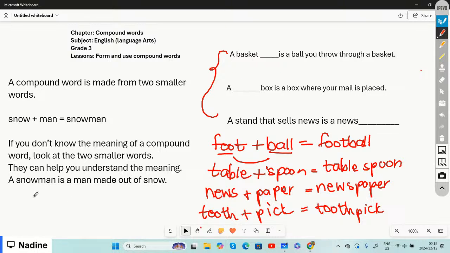Yes, we also have table plus stop. And table plus stop is tabletop. Well done.